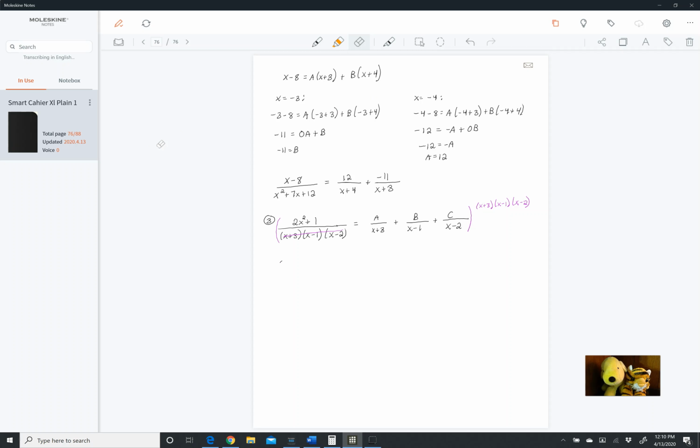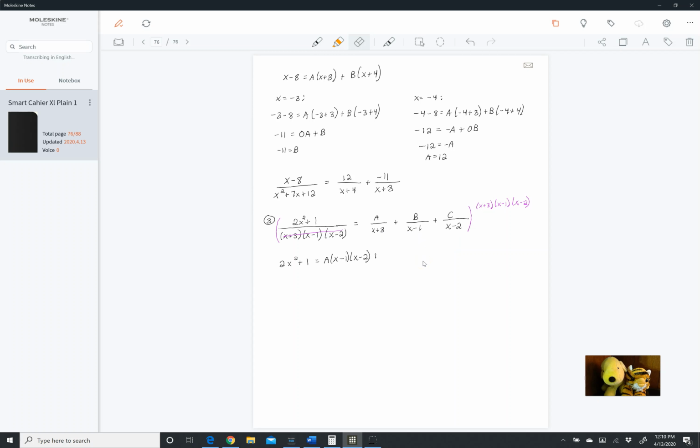This is going to give us 2x squared plus 1 is equal to A. And this time, not everything cancels. It's not as simple, right? We're left with an x minus 1 and an x minus 2. The x plus 3 canceled, but we still have 2 factors left.